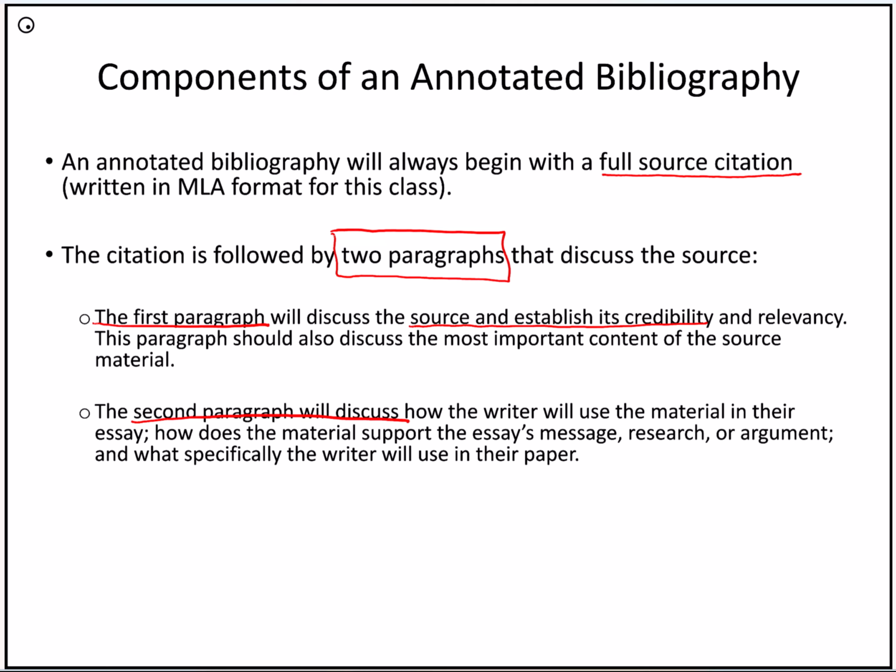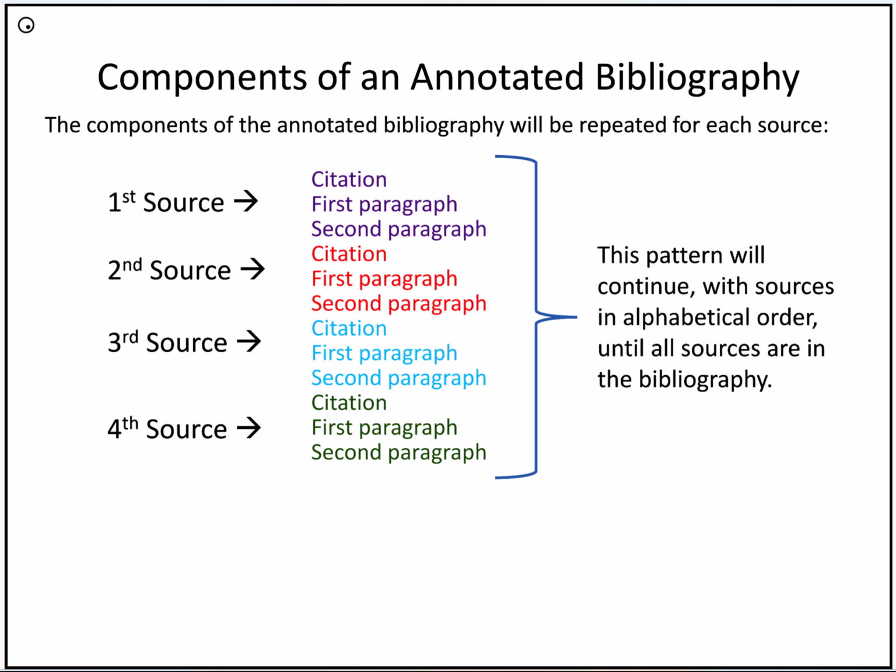So perhaps a good way to illustrate this would be with this slide here. So what you need to realize is that we are creating repetition and a pattern with each source. So your first source is going to have the full source citation, followed up by the first paragraph, followed up by the second paragraph.